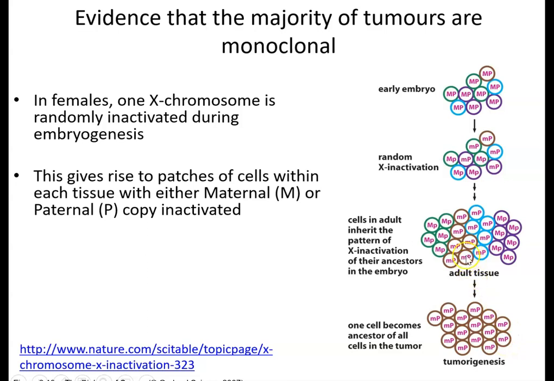So in this case, a tumour might have arisen from this individual cell here, so therefore all the subsequent cells have got the paternal X chromosome expressed, never the maternal. So when we look at an individual tumour from a female, we see the same pattern of X inactivation in all cells within that tumour. Therefore, we can be absolutely sure that those tumours are monoclonal in origin, even if they appear to be polyclonal.